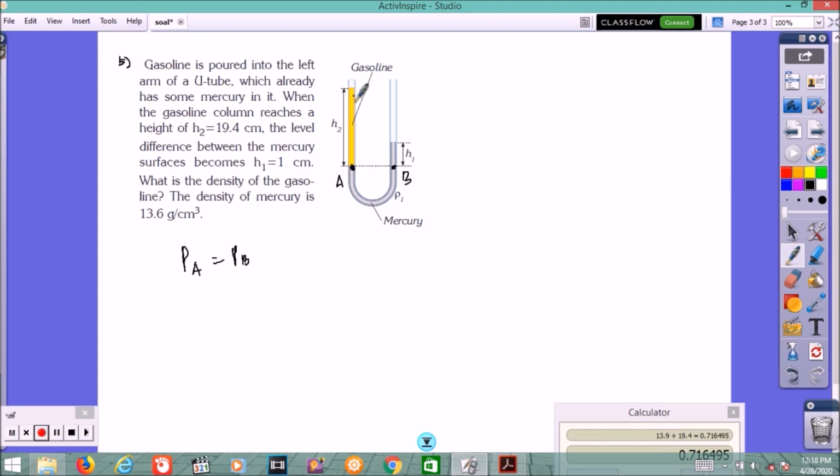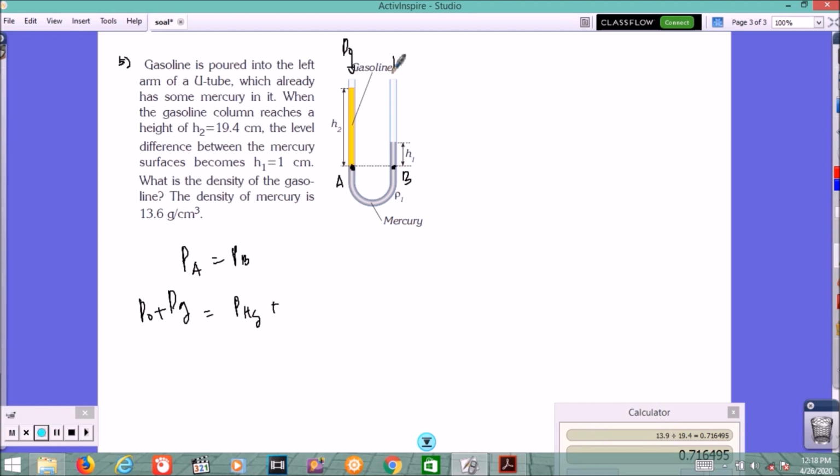Above A there is pressure from the gasoline, PG, and also pressure from atmosphere, P0, plus above point B there is pressure from mercury, plus also atmospheric pressure P0.